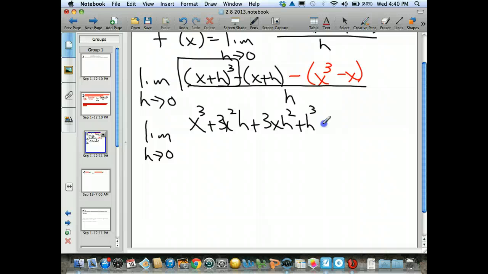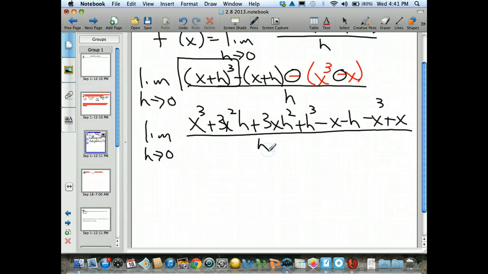Then this just becomes minus x minus h, and then let's subtract off that x cubed, and this minus minus, don't forget that, becomes a plus x, and this is all over h. As we've noticed before, a lot of this cancels out: the x cubed cancels with the other x cubed, and the minus x and the plus x cancel. Notice everything left in our expression has an h in it.